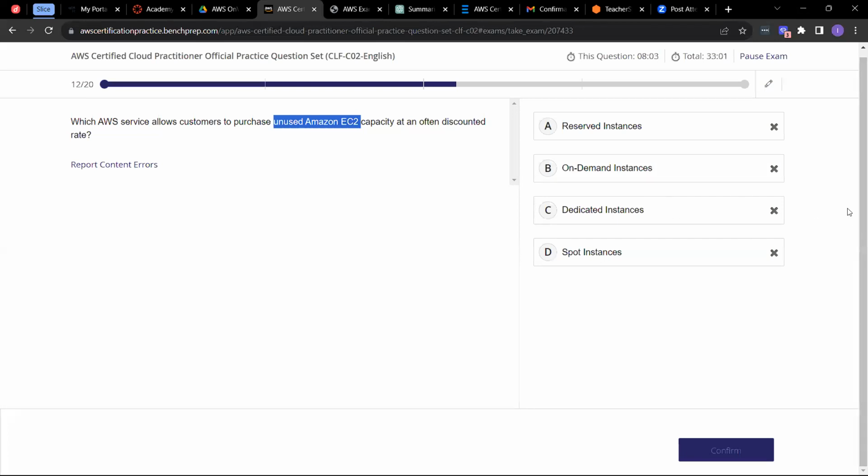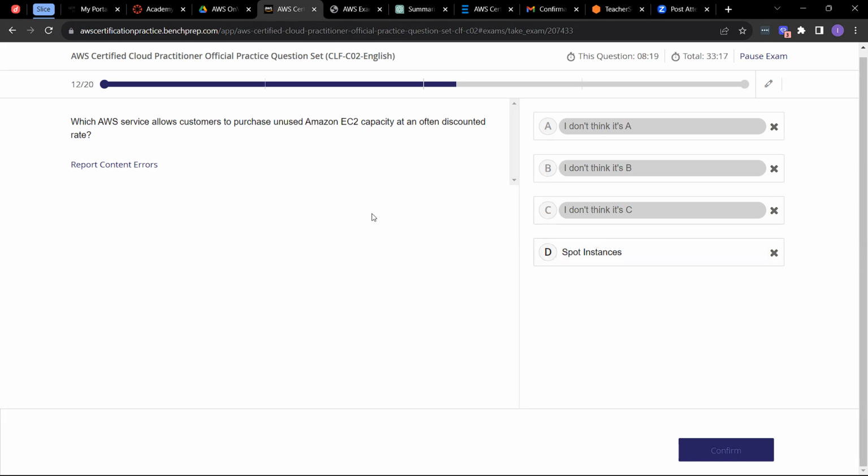For dedicated instances, we know what dedicated instances are, so that one goes out. Reserved instances, we spoke about it. And on demand, we also spoke about that one. So it leaves spot instances. Spot instances are like spare capacity that is unused, so you can borrow and use it and release it, or AWS can take it whenever they need it.